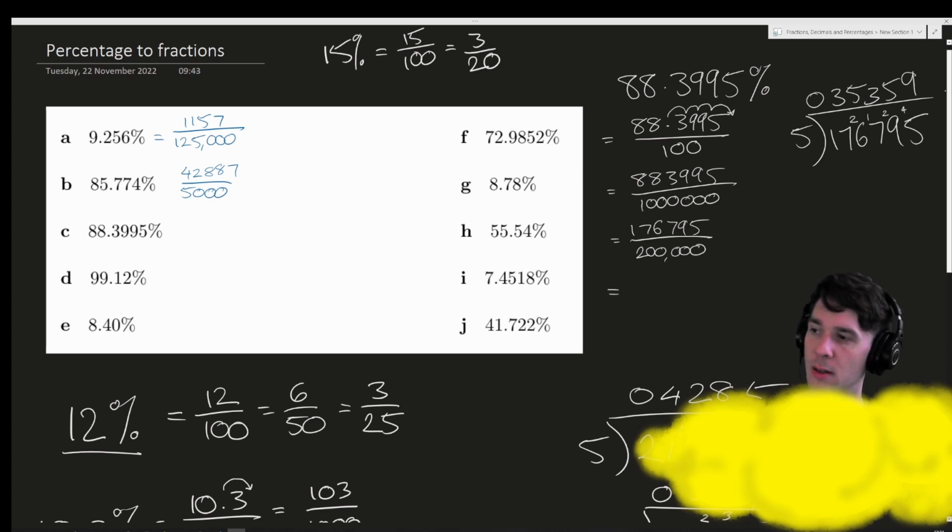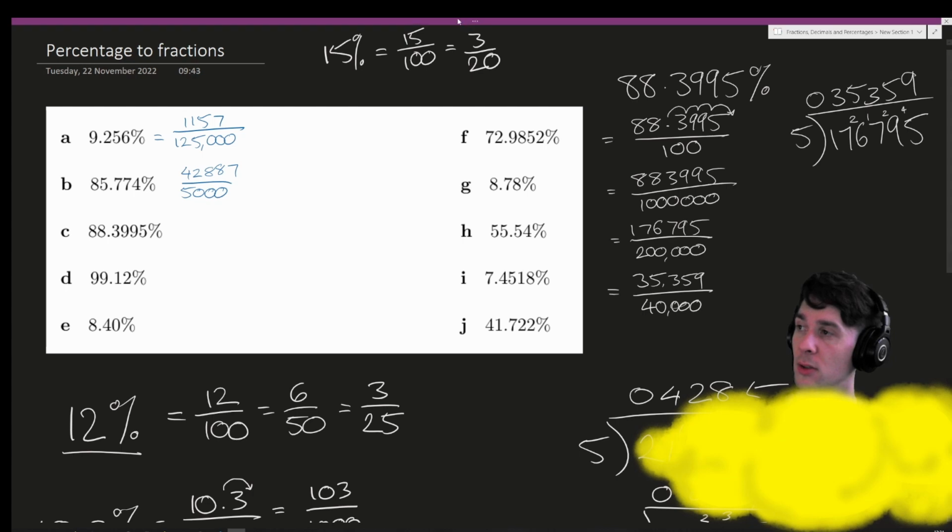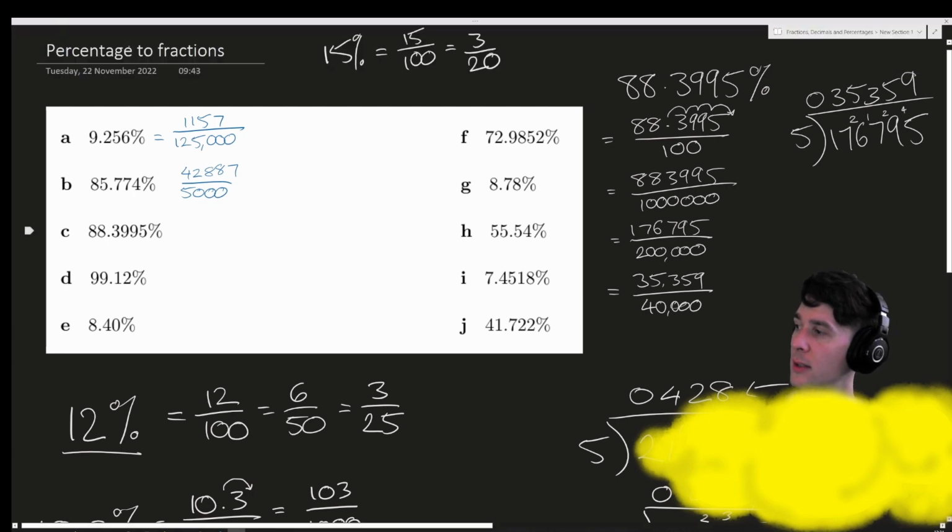And so this becomes 35,359 over, and then 200,000 divided by 5 is 40,000. There's no longer a common factor, and so we have our final answer.